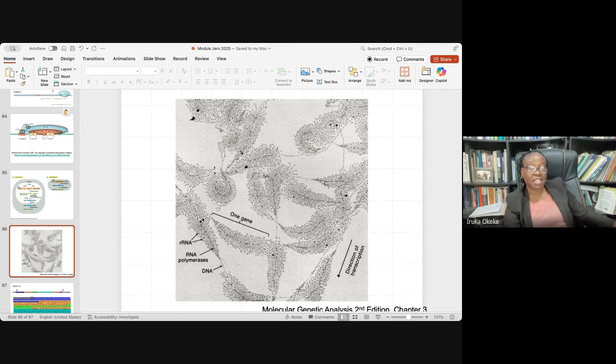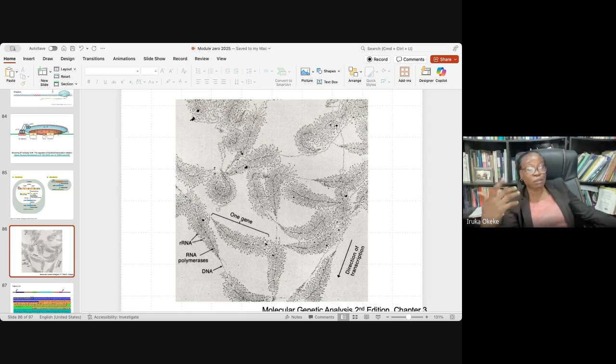And you can see that in just a few seconds, we're making many molecules of RNA, each of which will go to a ribosome. So even though you have only one gene, just this Christmas tree here is going to produce, I don't know, about 30 molecules of RNA, each of which can then produce multiple molecules of a protein.